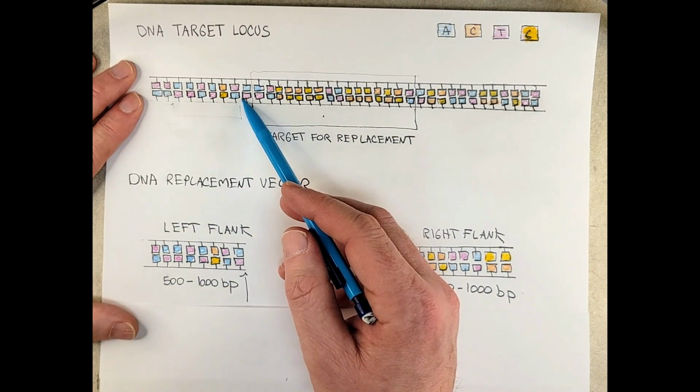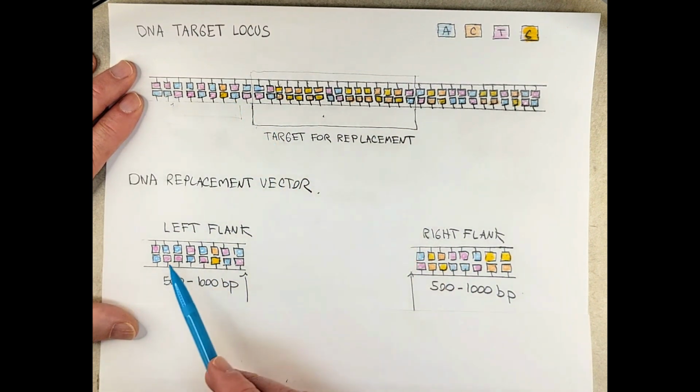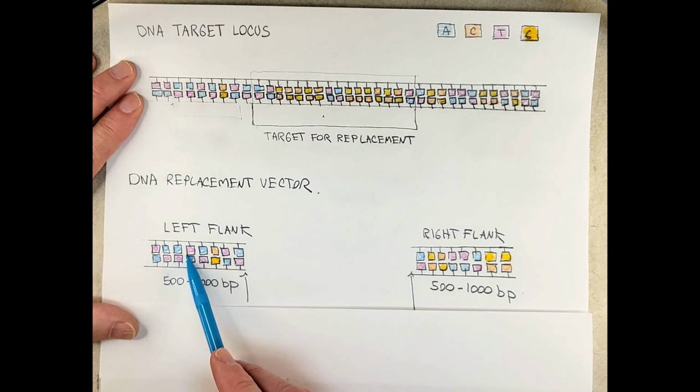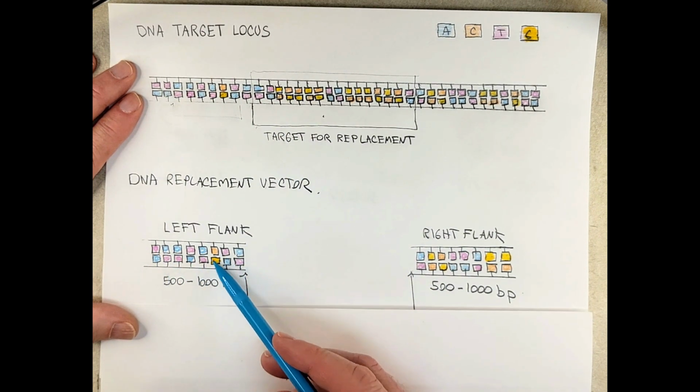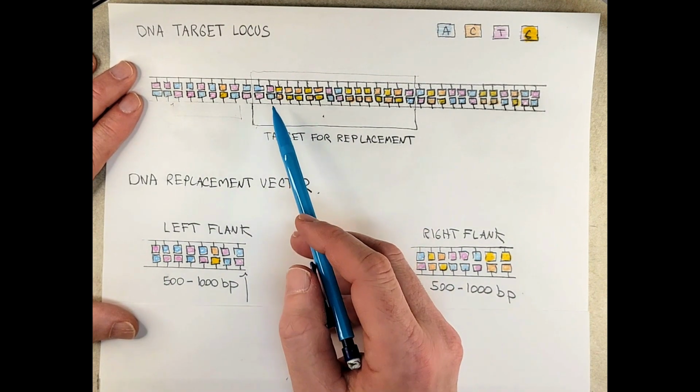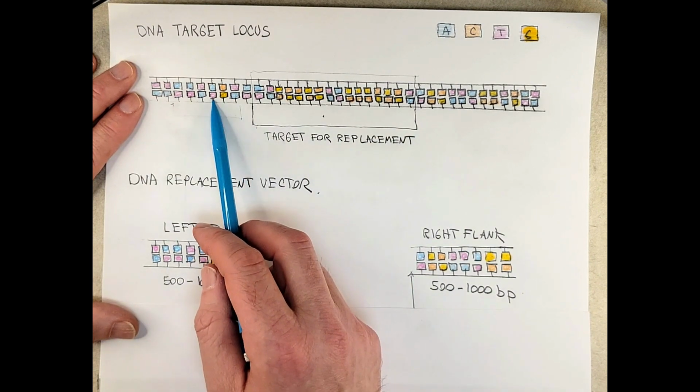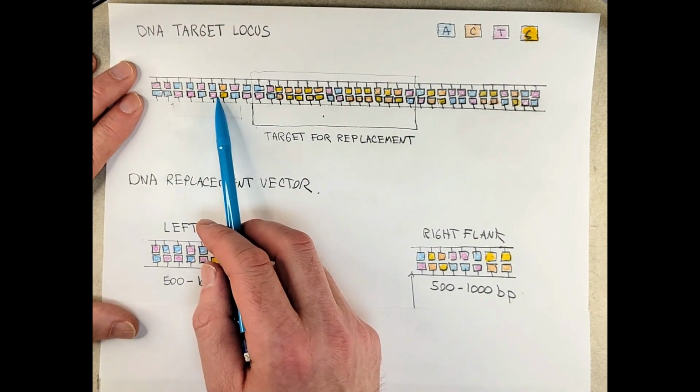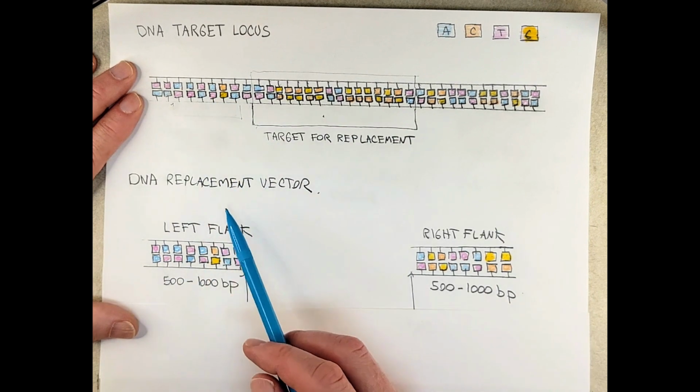For this conceptual exercise here, I'm using these 1, 2, 3, 4, 5, 6, 7, 8 base pairs to represent 500 to 1,000 base pairs of sequence. And so the left flank is going to match this sequence exactly. It's going to be identical.